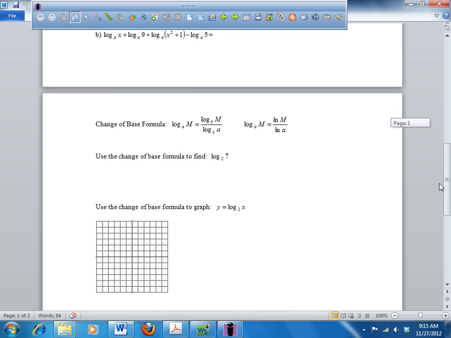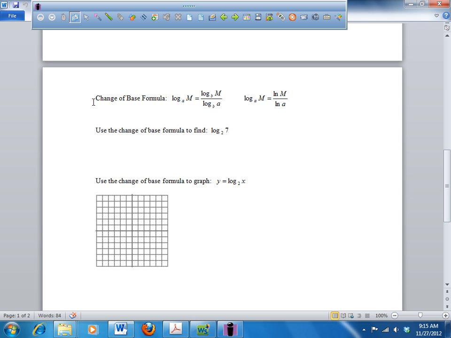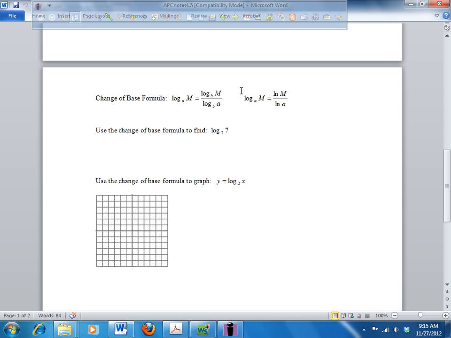Then we got to do some other ones. They get more complicated. This is very important. The change of base formula, which you might know or may not know, comes from properties of logarithms. Someone was asking me, use the change of base formula to find log base 2 of 7. Because on your calculator, you don't have a log base 2 button. All you have is a log base 10 button and a log base e button, which is natural log.